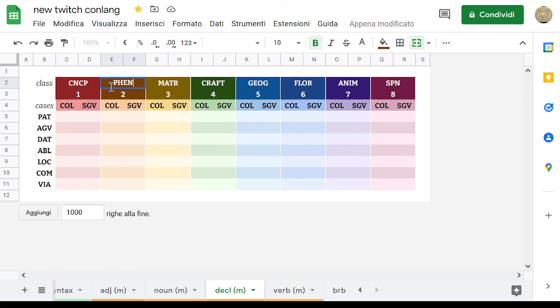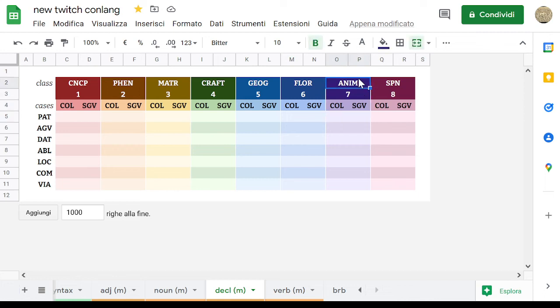I'm still hemming and hawing about whether or not I want to separate animals and other humans from each other again, like they were before. At one point we had fauna and we had humans. I merged them into just animate, like humans and animals. I merged them into one category. I might unmerge them. I still need to do some more tests to see whether or not I need that in this language or not, but I need to have them be grammatically distinct, because they will be distinct in terms of words.